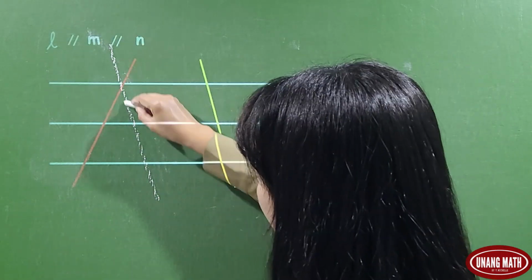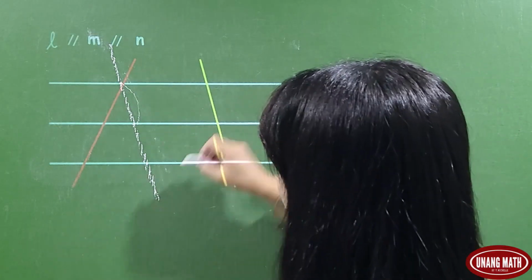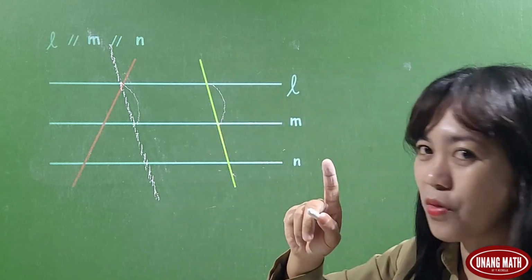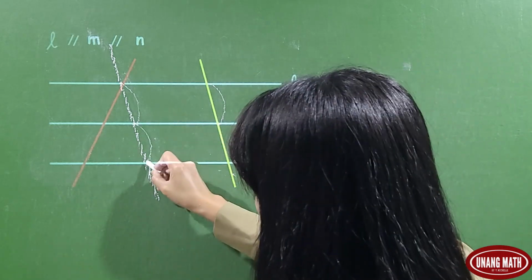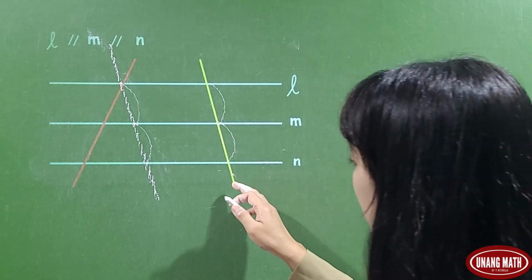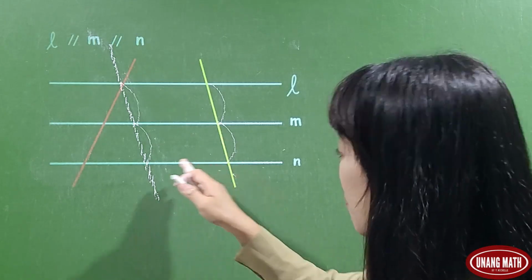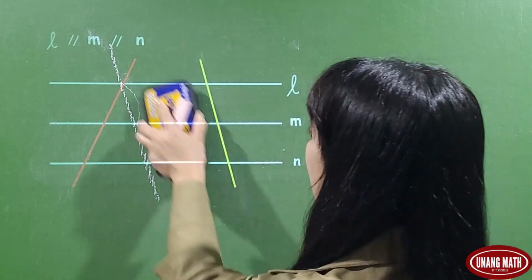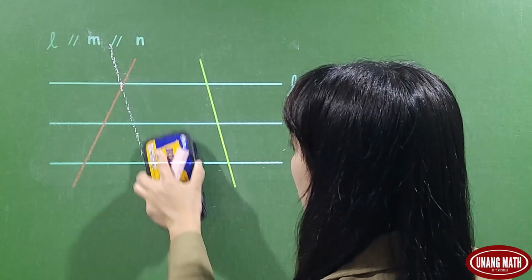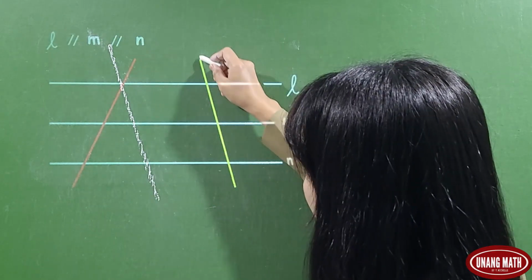If it's parallel, then it means this length is equal to this length. This length is equal to this length. So it's just the same straight line. We just move it here.